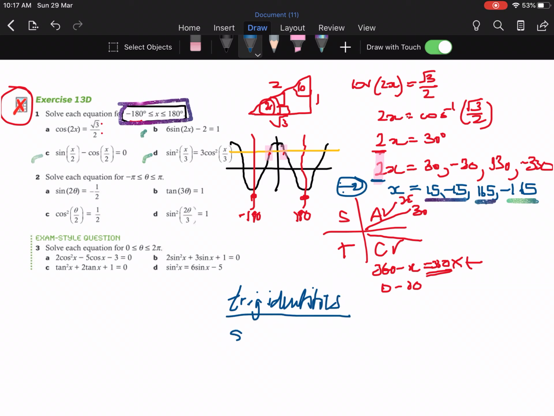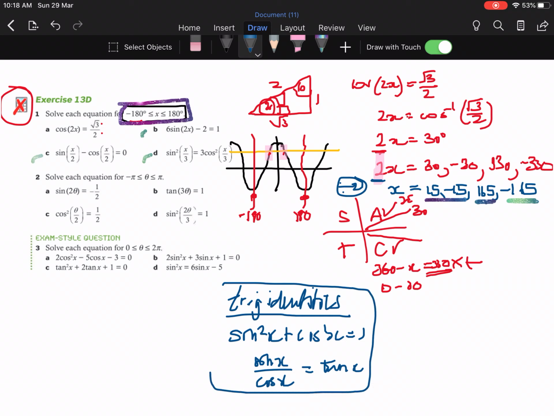So remember that sine squared x plus cos squared x equals 1. And also that sine x over cos x equals tan x. So you've got to remember your trig identities as well in order to make this easier for yourself.